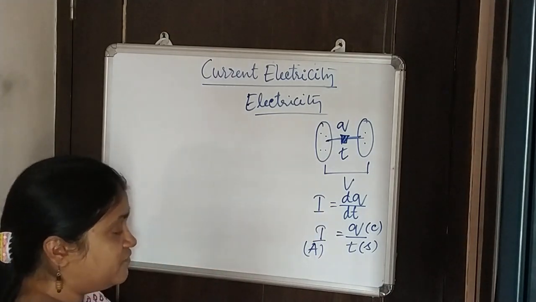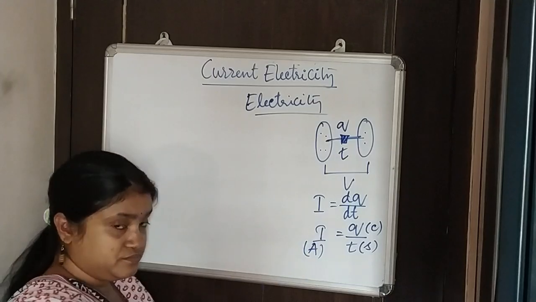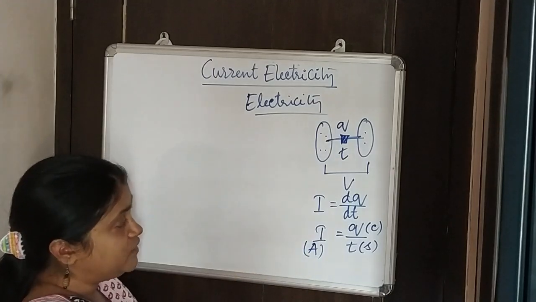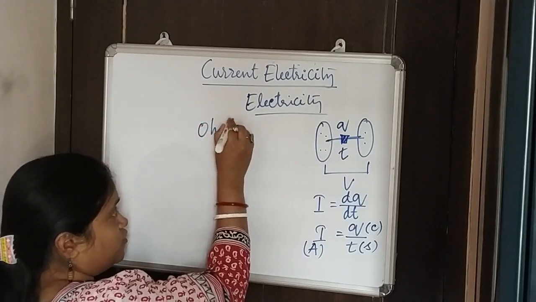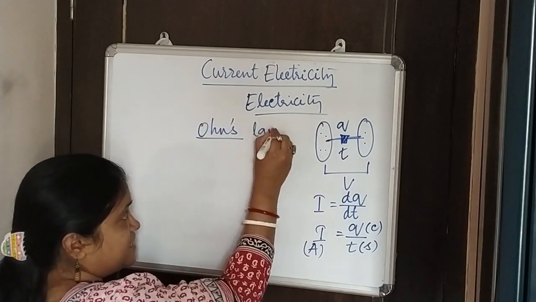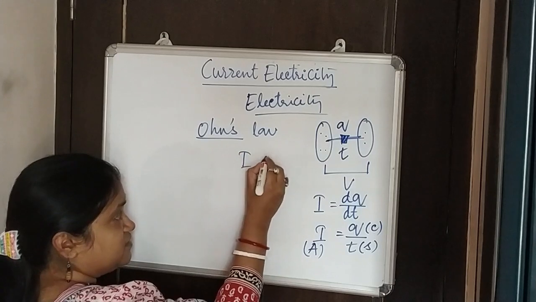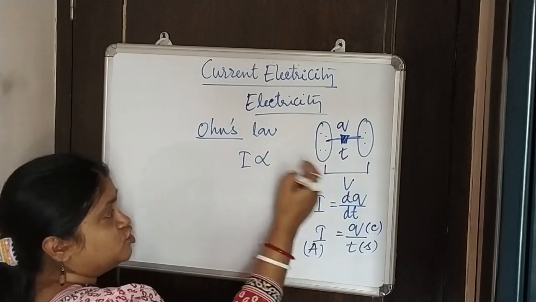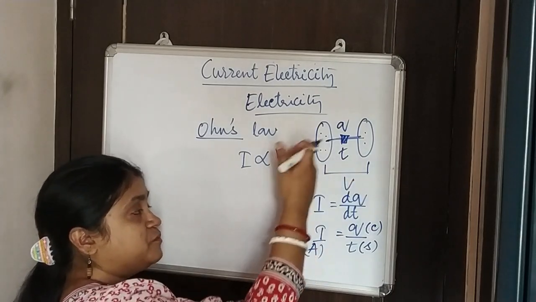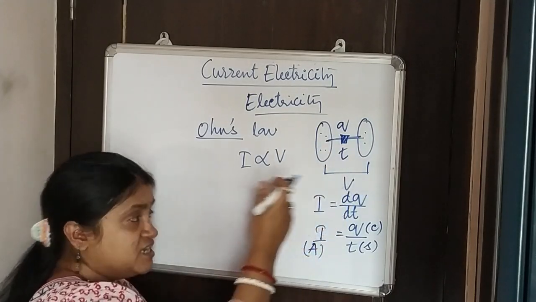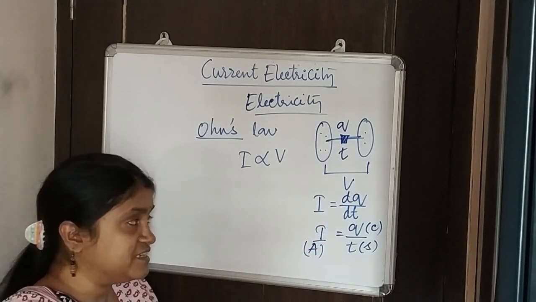Now coming to a very important law, which we already know, Ohm's law. It says that this current is proportional to the potential difference V. So if the potential difference increases, the current flow also increases.